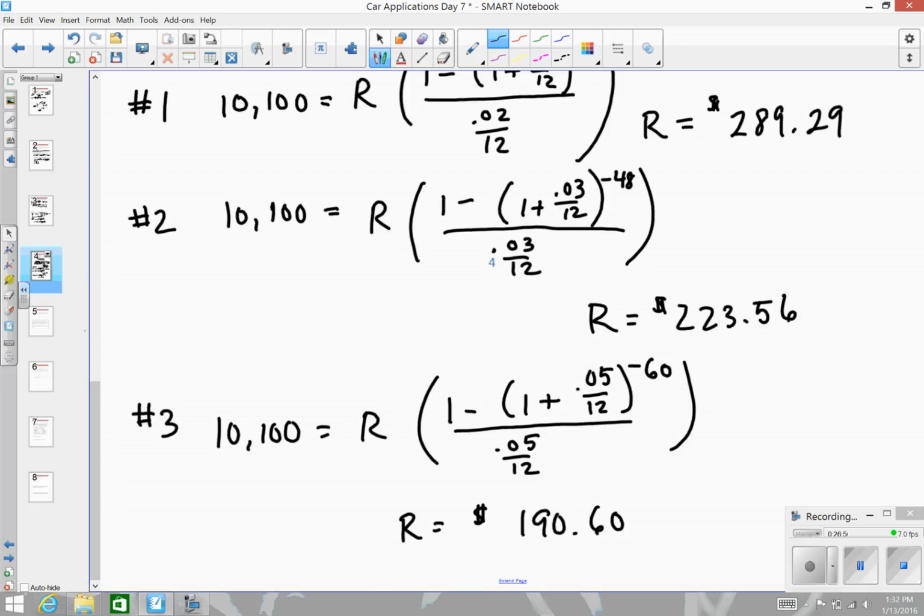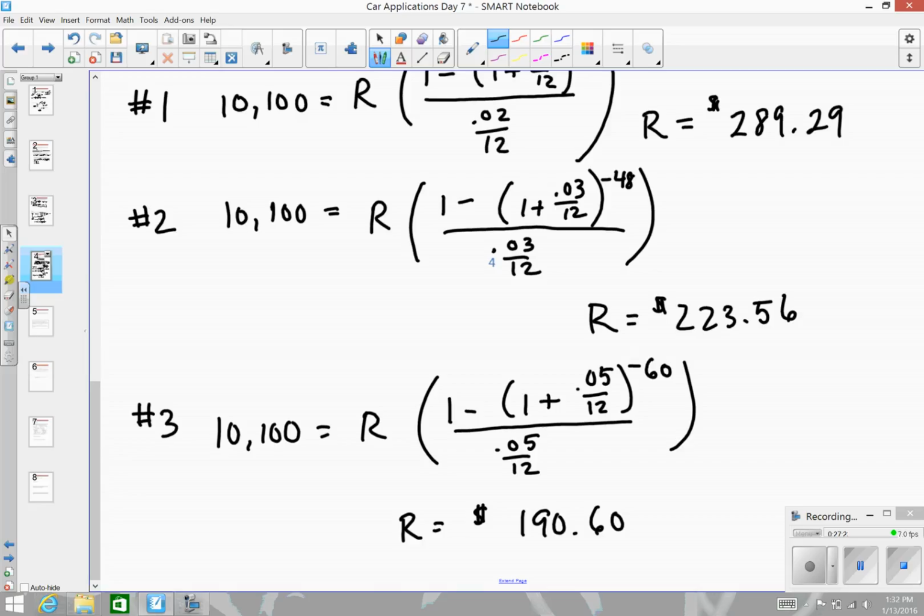So, there's going to be some questions that are asking you things like which one is the better loan. It really all depends. If you were to calculate how much you paid in total for each of these, in other words, for loan number three, if I took $190.60 and multiplied it by 60 payments, I'm going to get total amount of money paid.